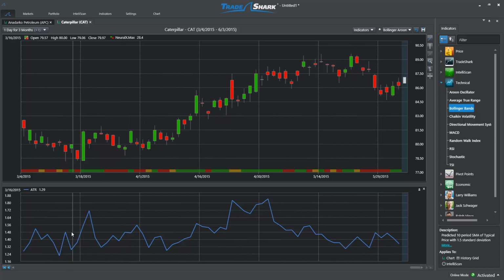However, as the trend develops and the trading range expands, the ATR, or true range, begins to increase, moving from values around $1.30 up to a true range of about $1.80. This is important because it allows traders to prepare for expanding trading ranges, which can help traders make better decisions as a market trend develops.